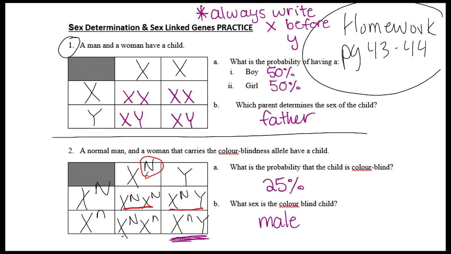The third child gets the affected chromosome from mom, meaning this girl is a carrier. Our last box is our affected male. He gets his X chromosome from mom, which is the affected chromosome, and the Y from dad, which can't dominate over that X. Therefore, the probability is 25%, 1 out of 4, will be colorblind, and that child will be male.